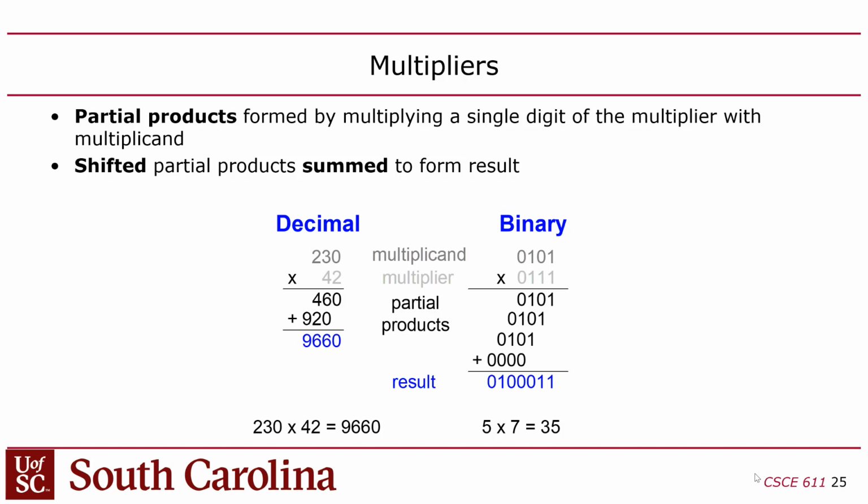In this case, I'm taking 5 times 7. If 7 is my multiplier, 7 is 1, 1, 1. So I take the multiplicand and shift by 0, add it. Then shift by 1.